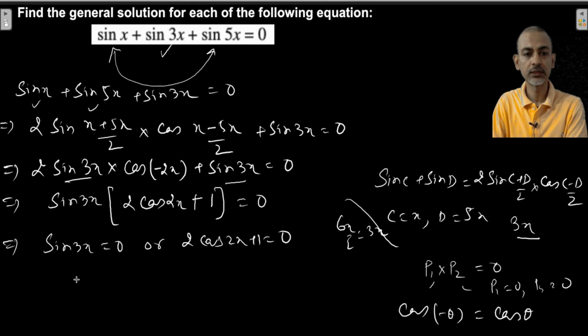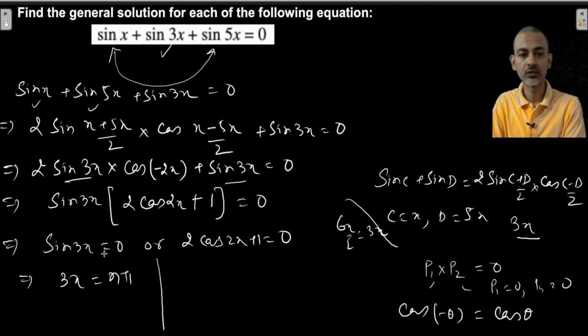These two cases arise, and when sin 3x is 0, we know that 3x equals n pi. I could have written sin 3x equals sin n pi and then equated 3x to n pi, but I'm just doing it in one step. So x equals n pi by 3 in one of these cases.